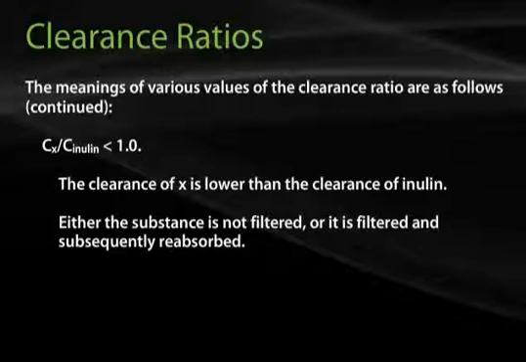The meanings of various values of the clearance ratio are as follows. If the clearance of a substance divided by the clearance of inulin is less than 1, then the clearance of that substance is lower than the clearance of inulin. Either the substance is not filtered, or it is filtered and subsequently reabsorbed.